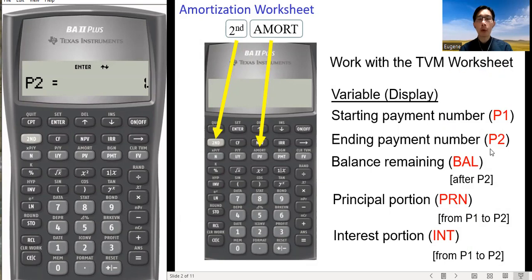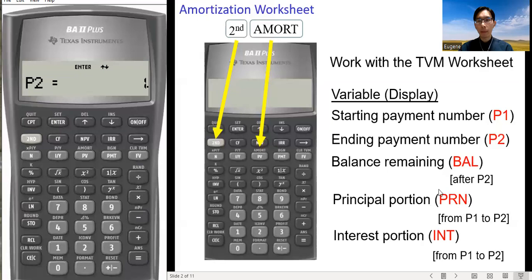And then the calculator will automatically calculate three variables after we input P1 and P2. They are respectively BAL, PRN, and INT. BAL corresponds to the balance remaining, the outstanding balance of the loan after making payment P2.